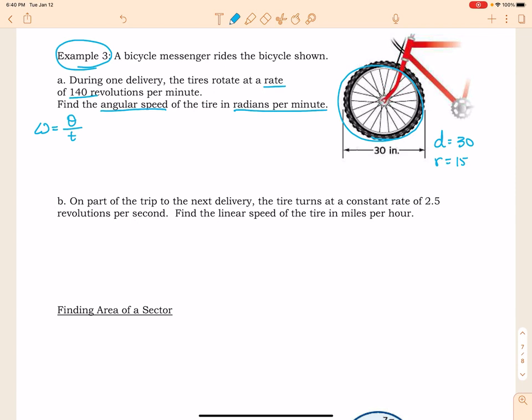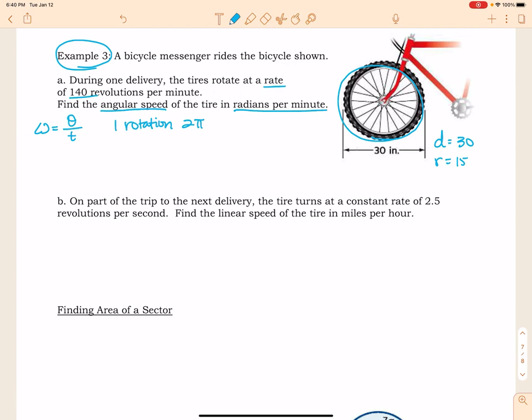Well, let's think about this. One rotation around the circle is 2 pi. We are used to that. We already know that from the unit circle.